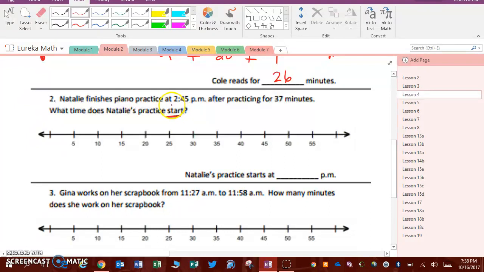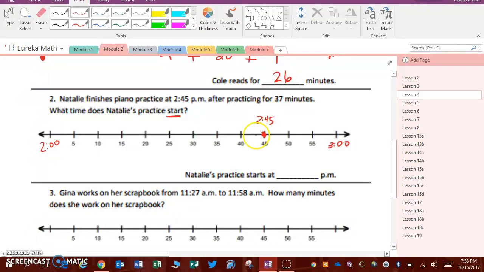So if she finishes at 2:45, that's right here, that tells me that the hour that this number line started at is 2 o'clock and it finished at 3 o'clock. Okay. Now she practiced for 37 minutes, so I have to count backward on the number line 37 minutes.